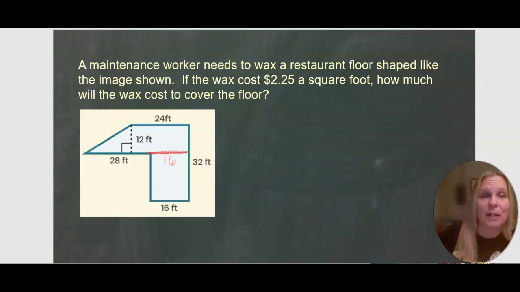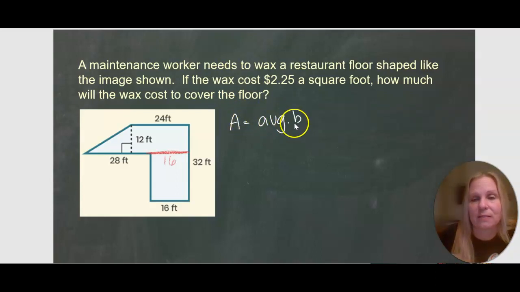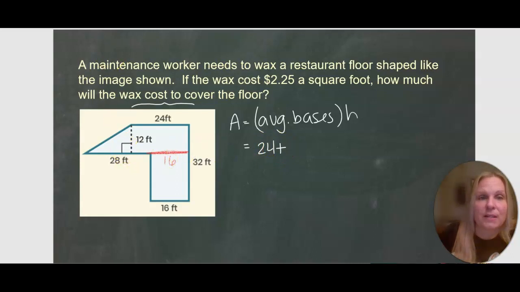So now for my trapezoid, I'm going to do the average of the bases times the height. So when I average my bases, I add them and divide by 2. So here's one of my bases, up here. This is 24. My other base is right here.